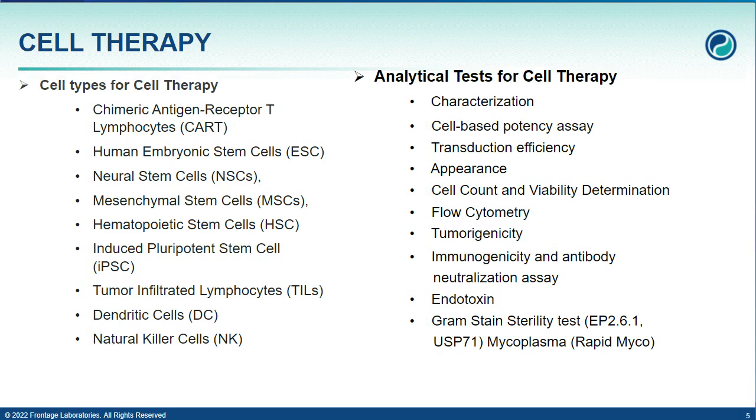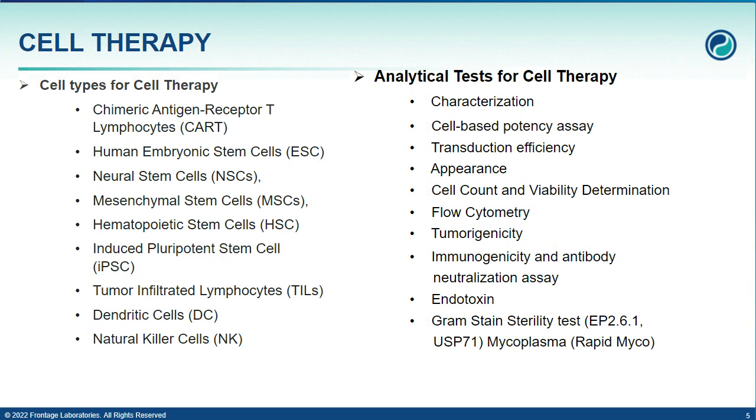First, let's see what kind of cells can be used for cell therapy and what kind of analytical tests for cell therapy. The cell types that are used for cell therapy include chimeric antigen receptor T lymphocytes, which are also called CAR T cells, and include stem cells like human embryonic stem cells, neural stem cells, mesenchymal stem cells, hematopoietic stem cells.